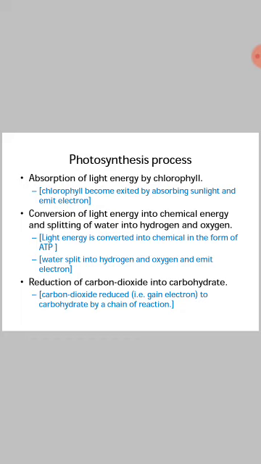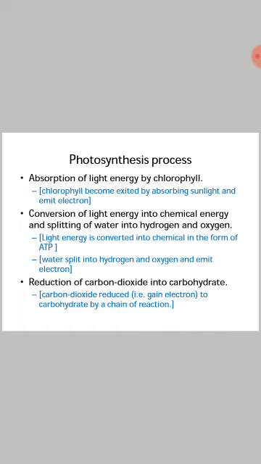And the second reaction that happens in photosynthesis is the reduction of carbon dioxide into carbohydrate. That is the reduction reaction. If oxidation is the loss of electrons, then reduction is the gain of electrons.